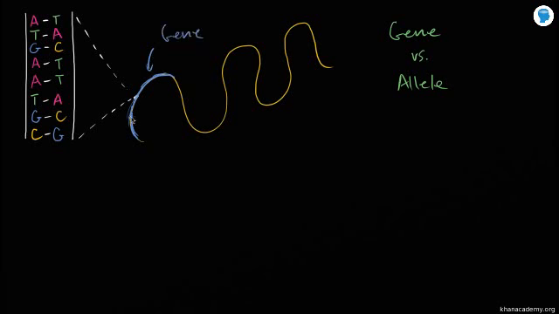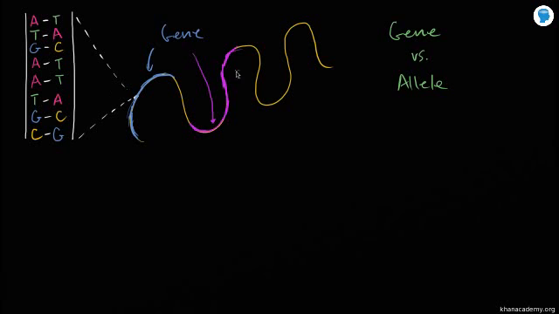This might be a protein that is involved in, I don't know, I'll make something up. It's a protein that's involved in the immune system. Maybe this stretch of DNA right over here, maybe it's a longer stretch of DNA, maybe it codes for a protein that helps regulate DNA replication.